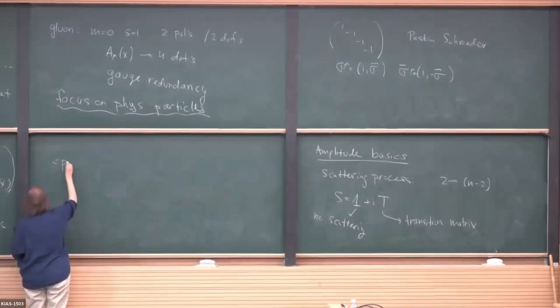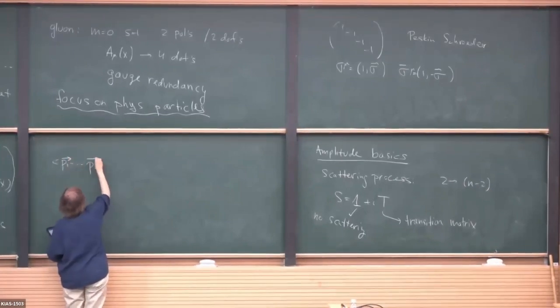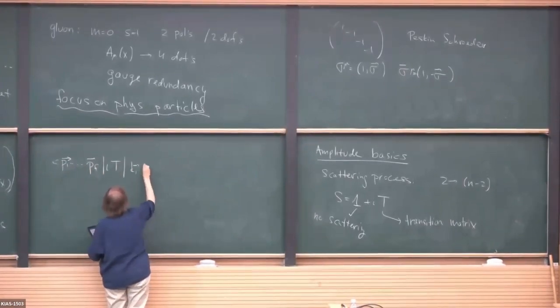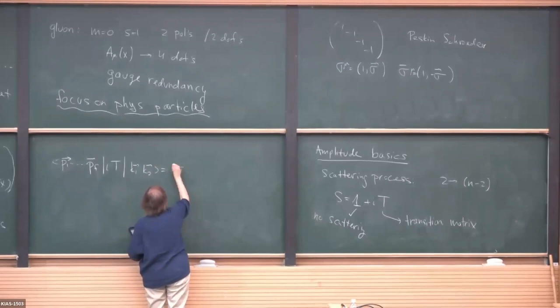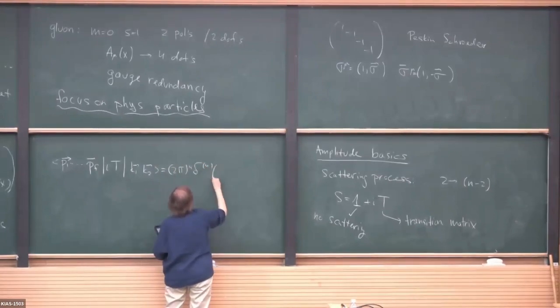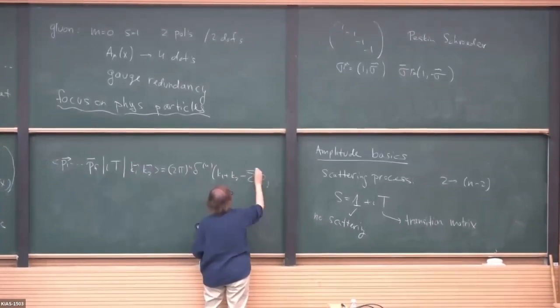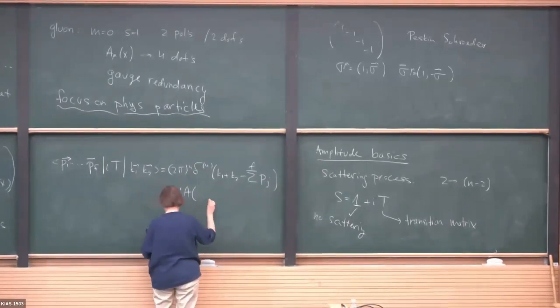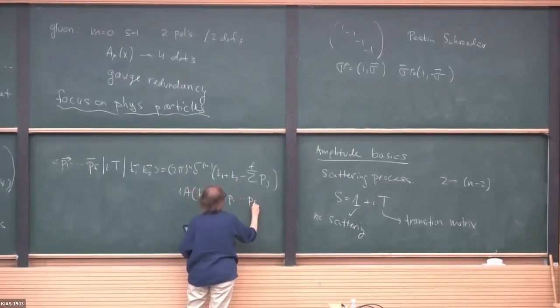So if we look at the matrix element of iT between the states K1, K2 and P1 to PF, this is equal to (2 pi)^4 delta^4 of K1 plus K2 minus the sum over P_j, times iA of K1, K2 to P1 to PF.